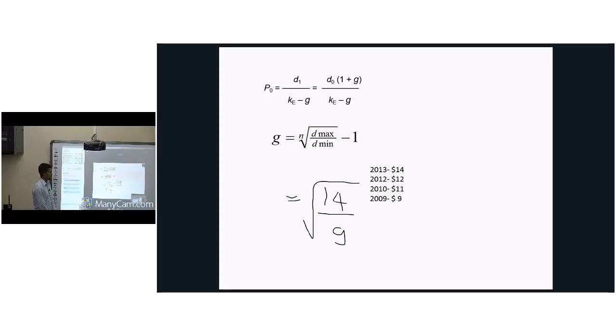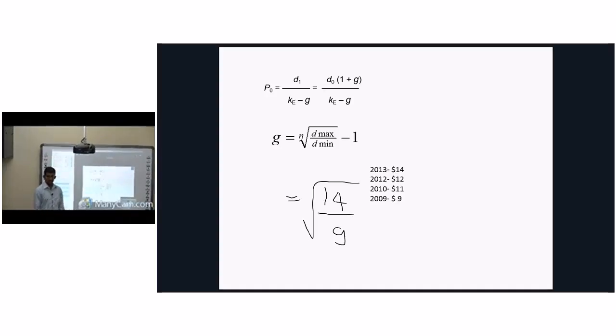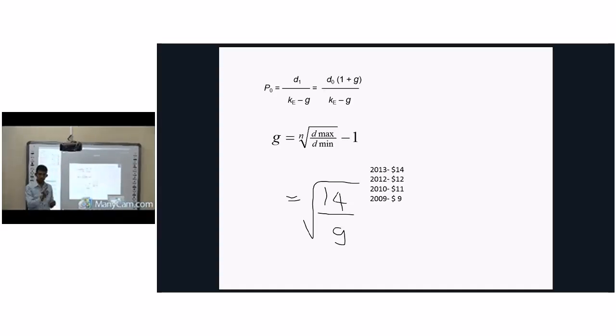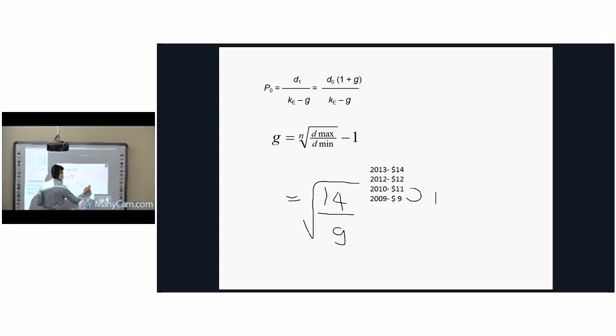From 2009 to 2013. So we say n is either the number of steps or the number of years minus 1. Because we need to calculate the growth rate, from 2009 to 2010 is always 1.